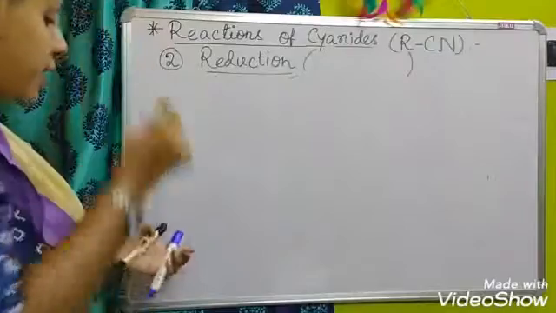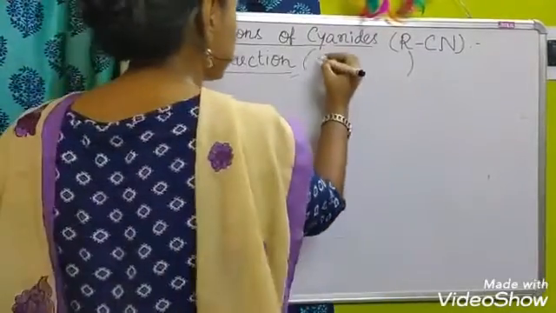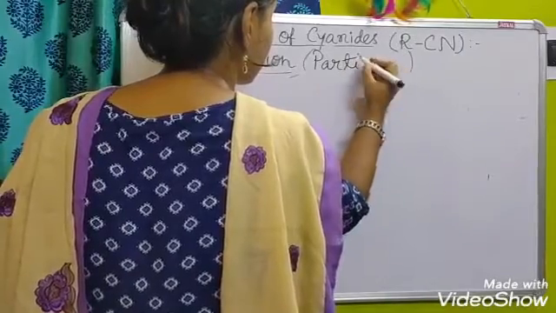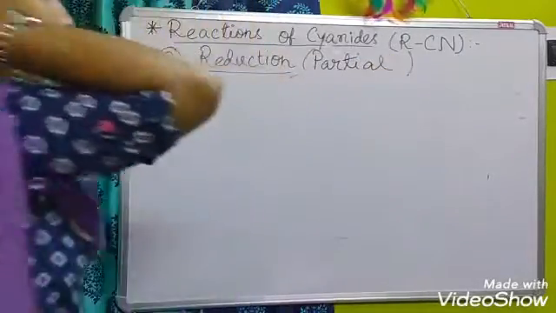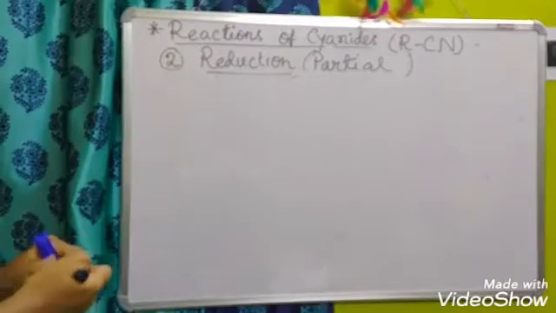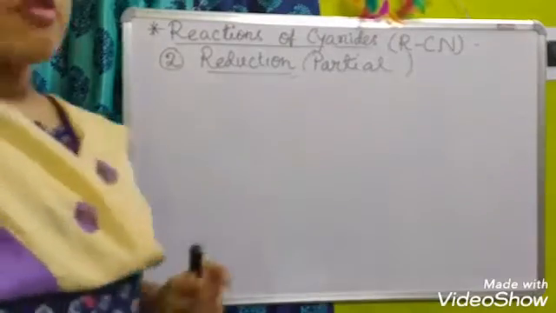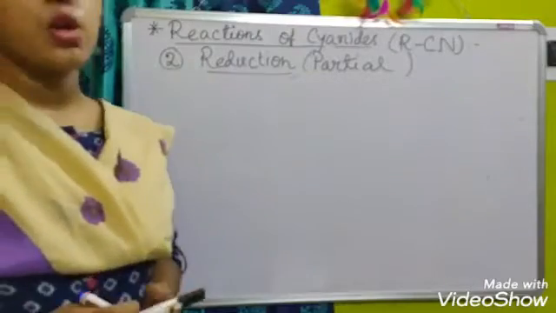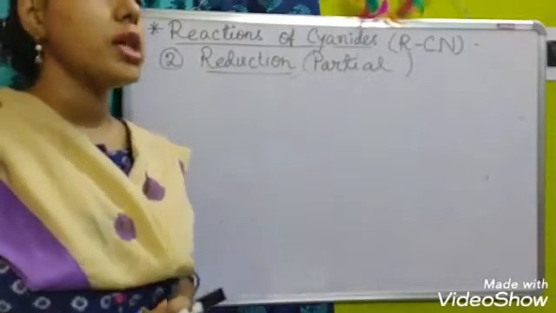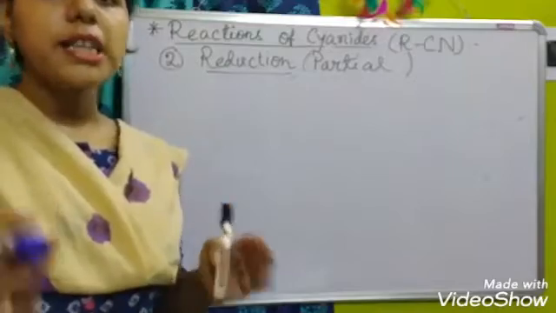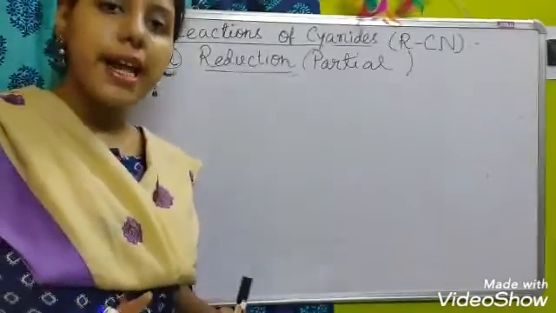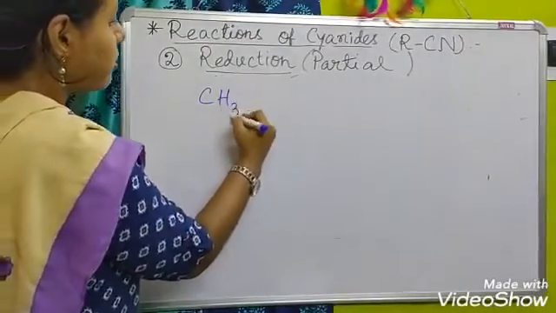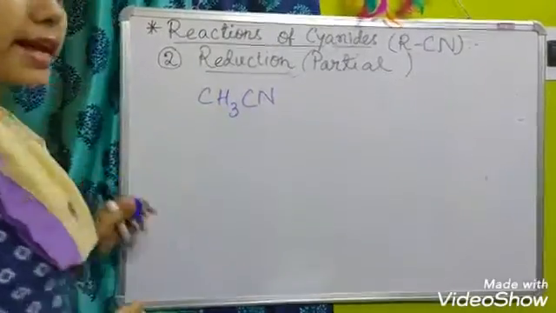So I am writing here partial. Okay, so in case of partial reduction, we have to take stannous chloride. Okay, first of all, we have to take the ether solution of any cyanide. Suppose I am taking here again methyl cyanide.